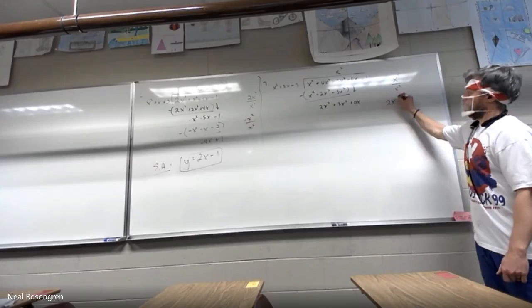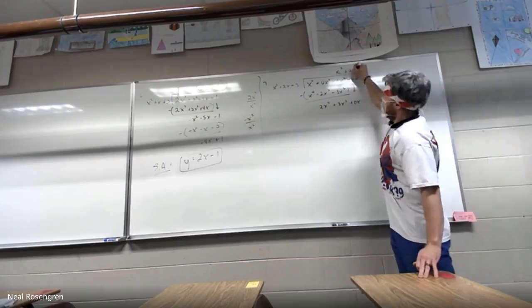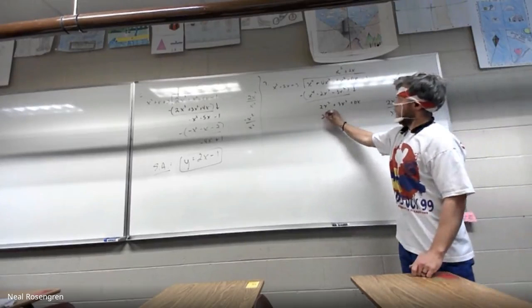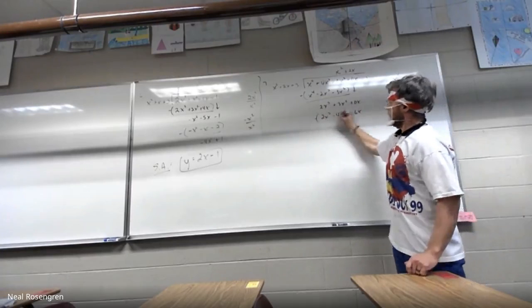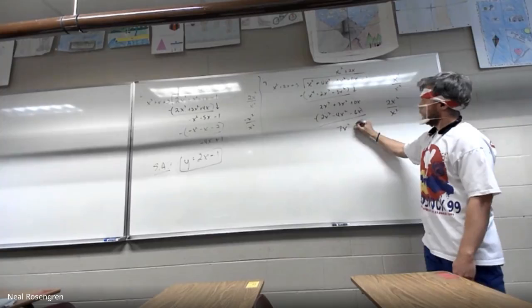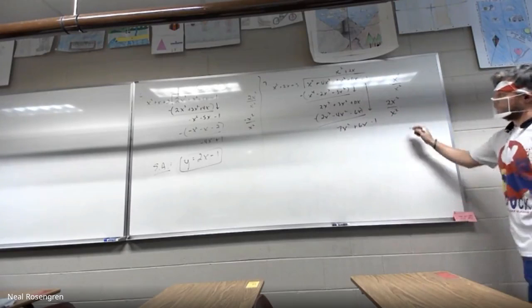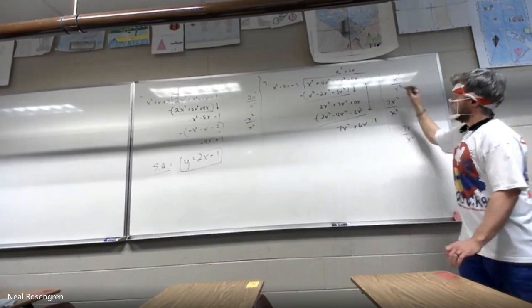First term from the inside divided by first term from the outside, 2x. Multiply it out, 2x cubed minus 4x squared minus 6x, and subtract. And just go straight down. 7x squared plus 6x. Bring down the negative 1. And do it one more time.